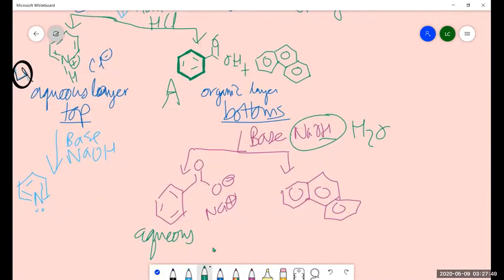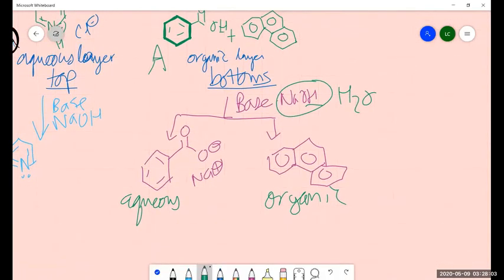So anytime you do an acid-base reaction, any of your acids and bases will always be in the aqueous layer. Don't ever say it's in the organic layer. And then this is in the organic. It's kind of boring. This guy has just been moving around, doing nothing in the same phases. And so you have the aqueous top, once again, same thing, based on density. And so aqueous top, organic bottom.